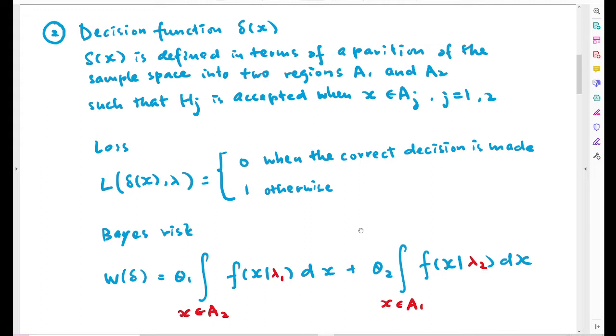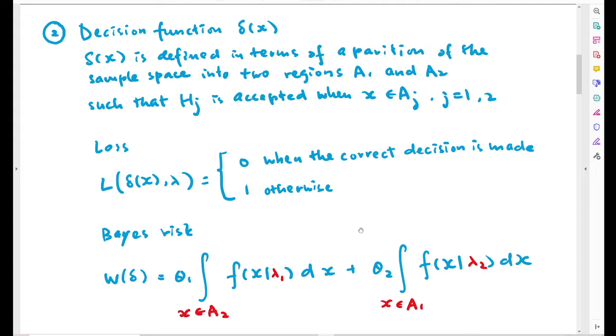Let's try to derive the decision function delta of x. First, delta of x is defined in terms of a partition of the sample space into two regions, A1 and A2.